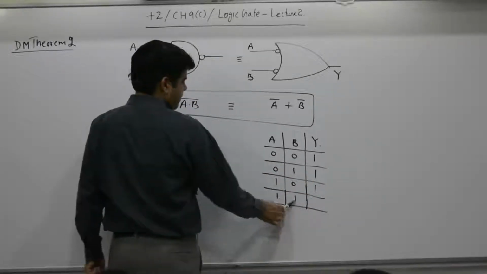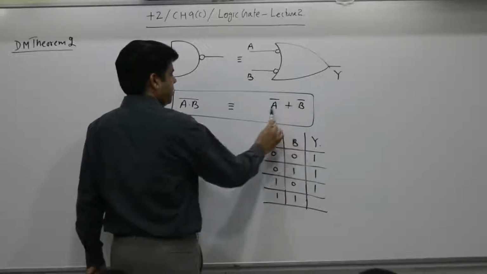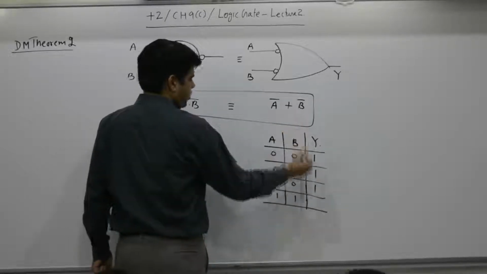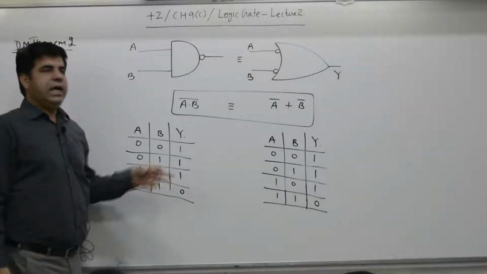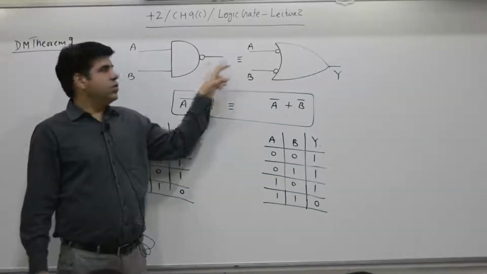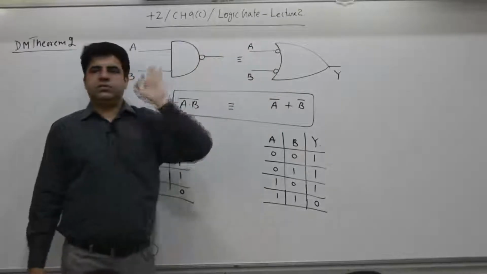Last part: 1's complement 0, 1's complement 0, 0 ORed with 0 is 0. Same.